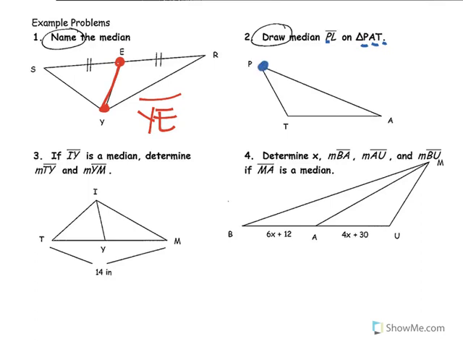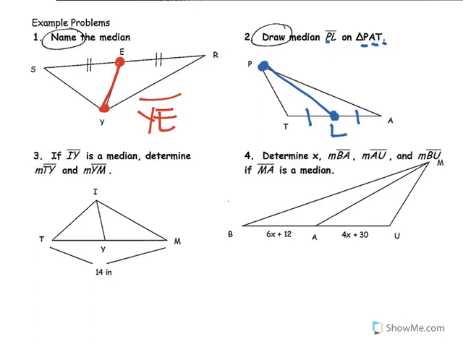So that means I'm going to start at P, and I have to go to the opposite side. The opposite side is TA. I have to go through the midpoint, and notice now I have my other point. I have my other point L that I can connect and make a median. Oh, I'm not done though, because I just said L was the midpoint, which means I need those tick marks, right?